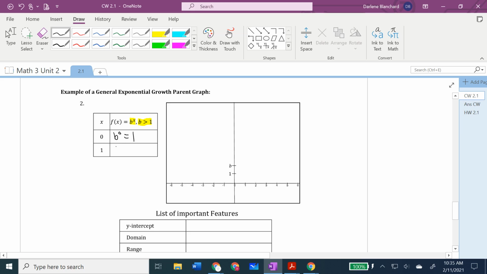When you plug 1 into x, you get b to the 1, which is just plain the number. That is the base. When you graph exponential functions, I want you to plot 2 points.